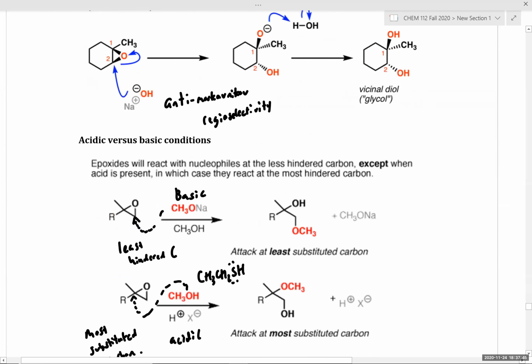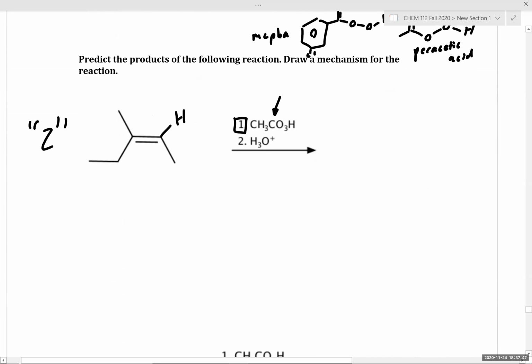So let's study this first step. In this case, we're treating it with peracetic acid. This first step occurs through a concerted mechanism, and the epoxide formation occurs with syn stereochemistry.